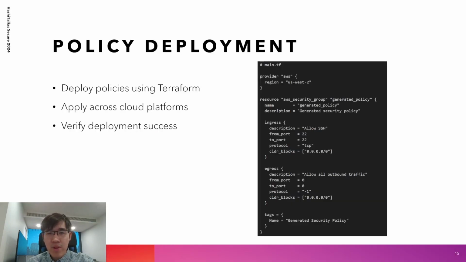After that, we'll then look at deploying the policy. So this is an example of a particular network configuration that was generated from the GPT model. As you can see, for instance, in this case, it was able to generate a particular deployment that involves allowing the SSH and allowing outbound traffic.